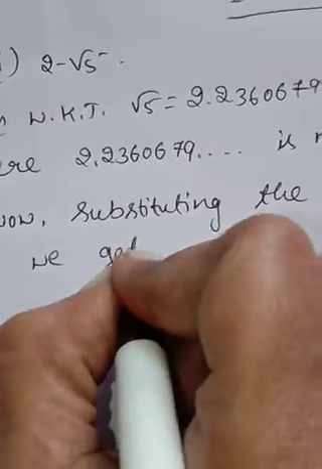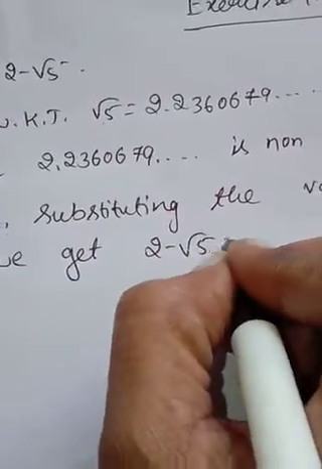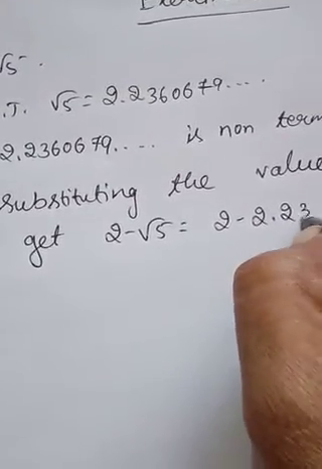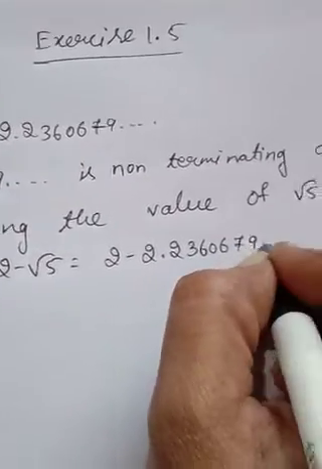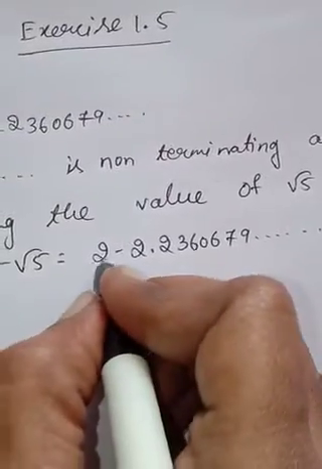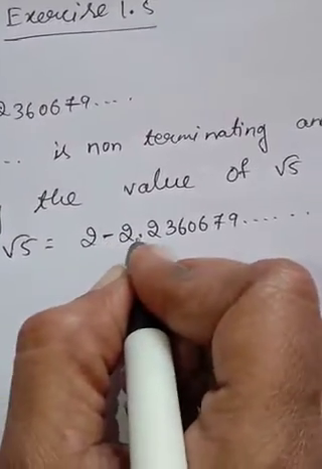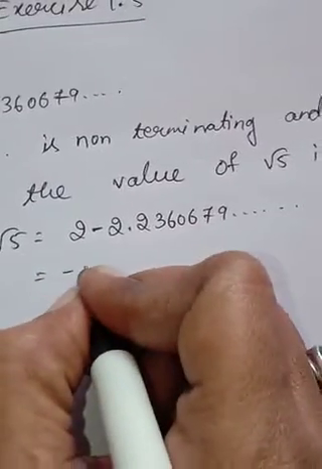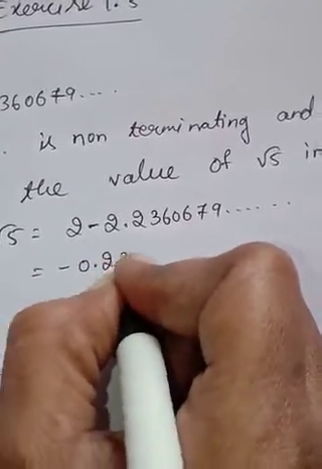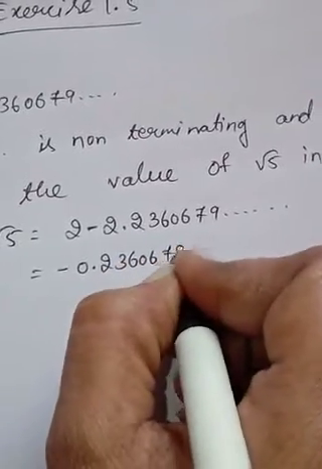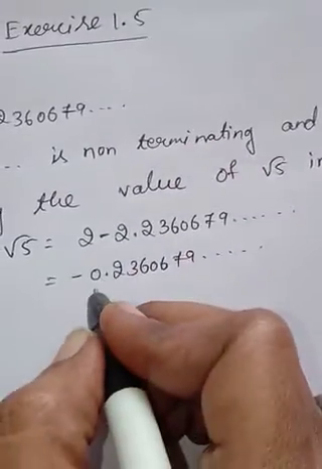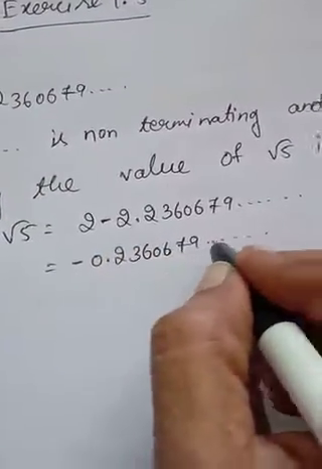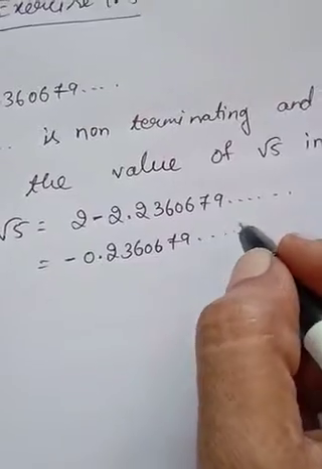I am going to substitute this value. Then we get 2 minus root 5, which is equal to 2 minus 2.2360679. Then by subtracting, 2 minus 2.2360679, I am going to get minus 0.2360679. Okay. Then this is a negative term, and this number is non-terminating and non-recurring.